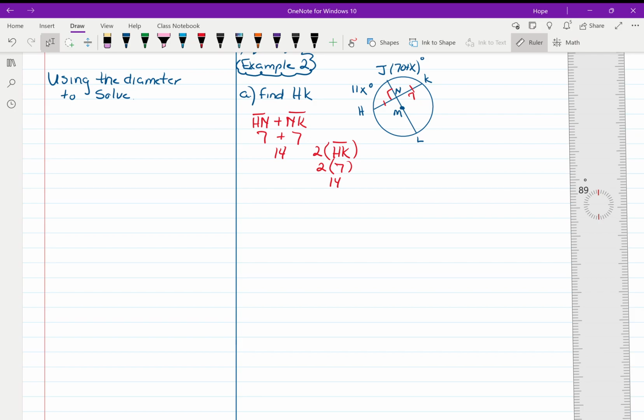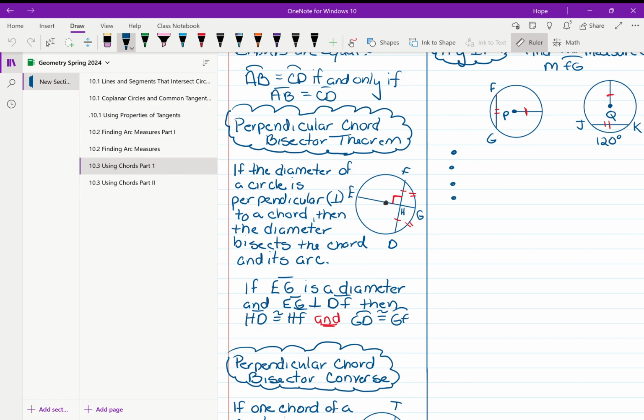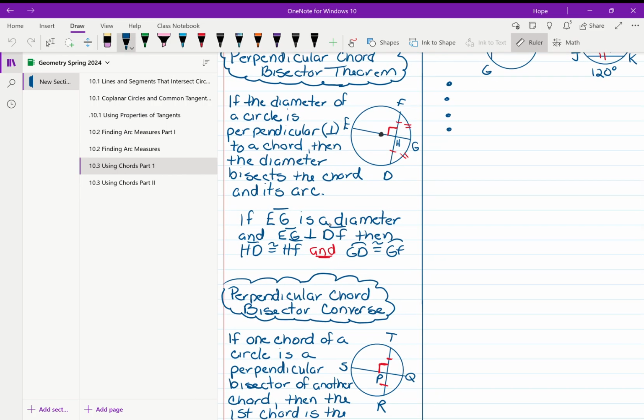All right, so part B. I'm going to change back to blue. I've got part B. I've got my two parts of my arc. So we know that when we talked about yesterday, and I'm just going to flip back to yesterday, my chords, here we knew that this arc equaled that arc.